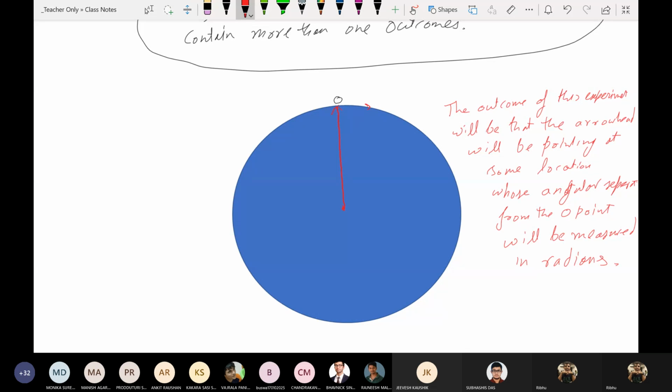Fine. So the outcome of the experiment will be that this arrowhead will point to a location in radians. Now this is an experiment with a continuous valued sample space. You agree with that?